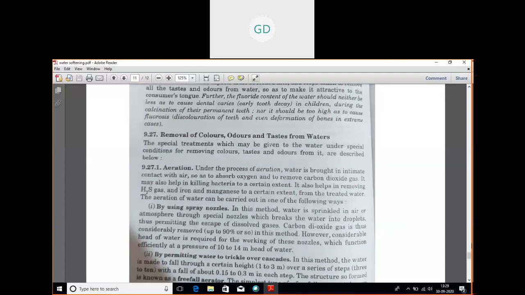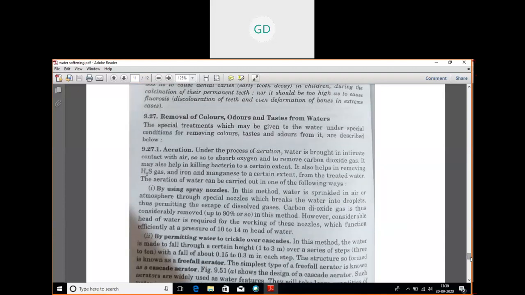Aeration is a process in which oxygen is given to the water. What you see here is written: under the process of aeration, water is brought in intimate contact with air so as to absorb oxygen and to remove carbon dioxide gas.